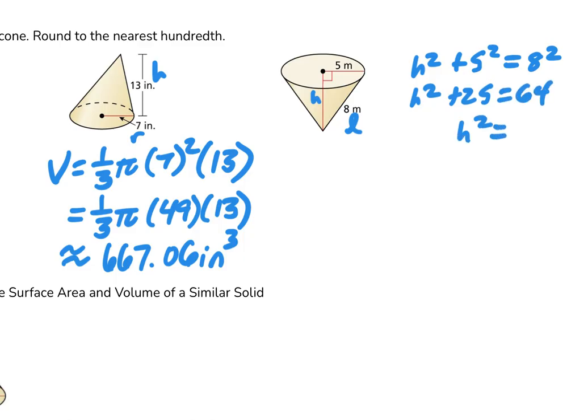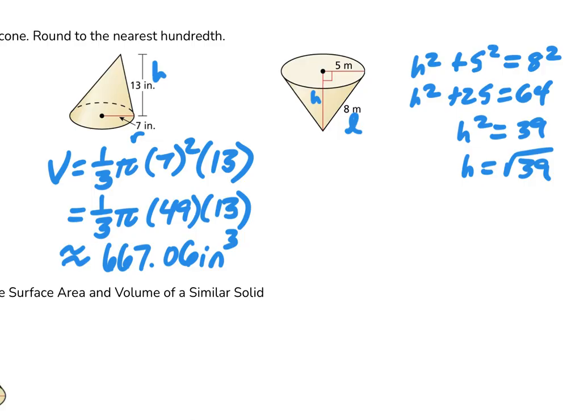H squared equals 39. Now here's what I would do. I would leave it as the square root of 39 for right now. Here's what happened on the test last week. Some of you would do a problem like this and get the square root of 39, and it gives you the decimal, 6 point something. You would write the decimal 6 point whatever and round it to the nearest tenth or hundredth or whatever.